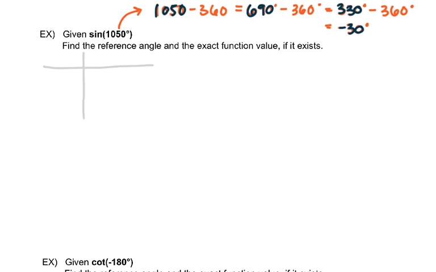So even though if I were to draw 1050, I would rotate 1, 2, 3 times and get about right there, I don't want to draw it or think about it that way. I'm just going to say, okay, it's going to stop, and I have my negative 30-degree angle right here in quadrant 4.